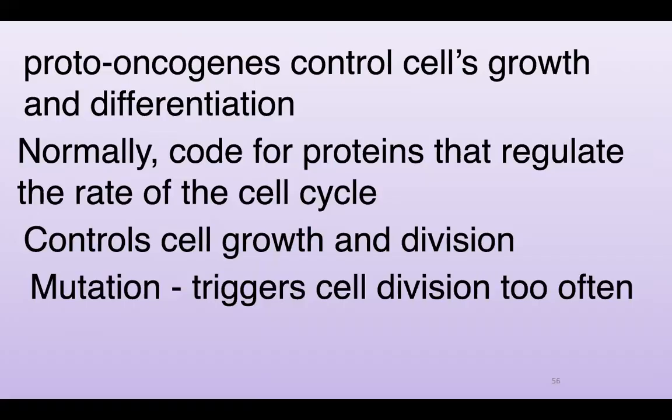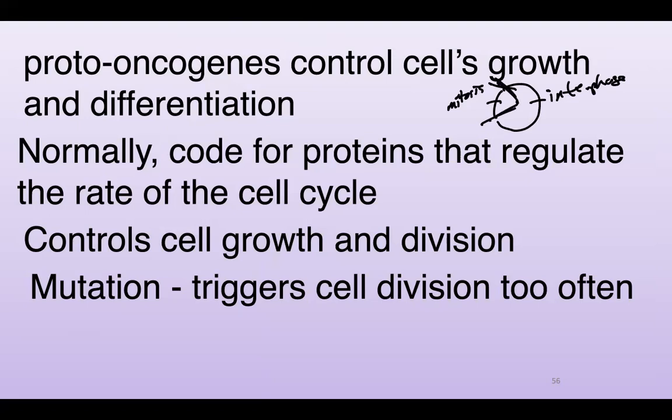So proto-oncogenes, which are the normal versions, are responsible for controlling your cell's growth and differentiation. When they function normally, they code for proteins that regulate the rate of the cell cycle. Remember, the cell cycle is interphase, and you've got mitosis there.